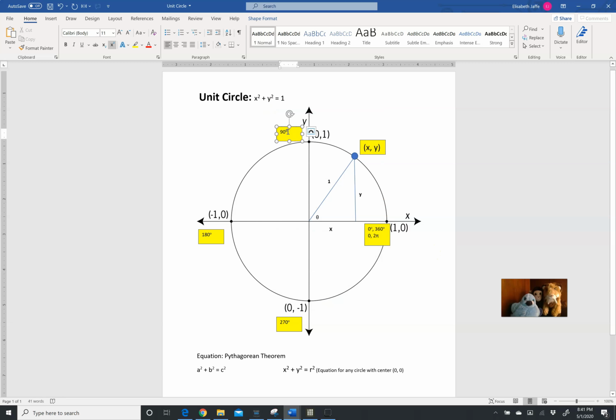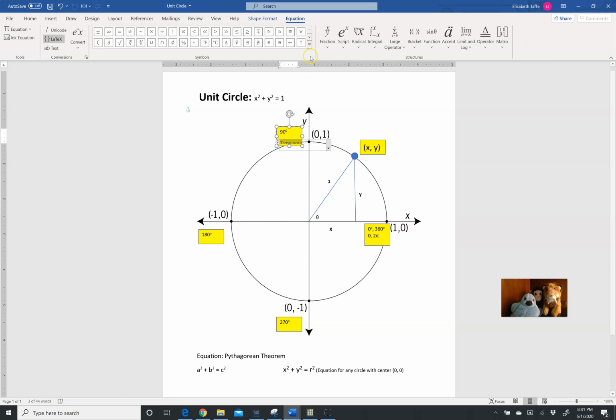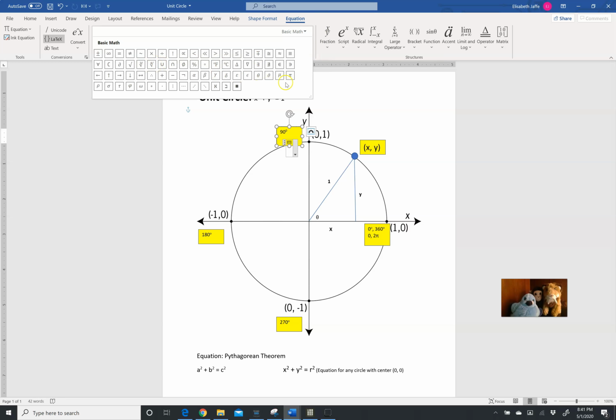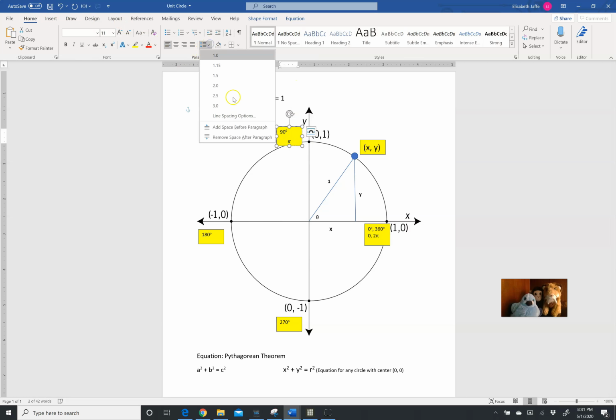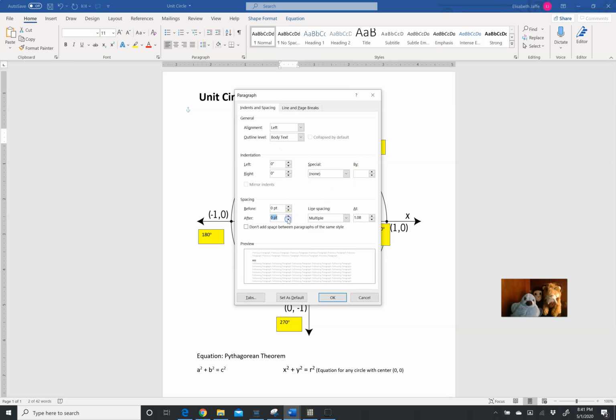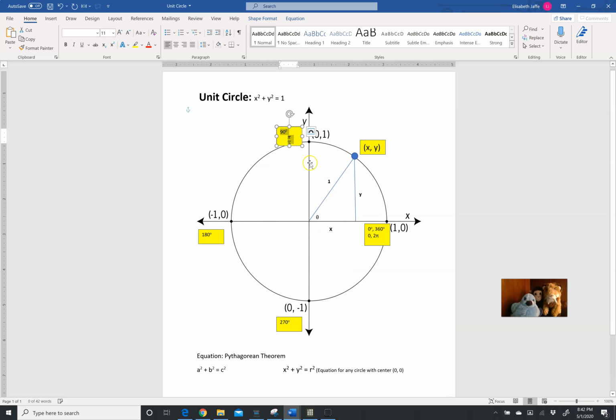Now when we get to 90 degrees, it's the same thing as pi over 2 radians. So 90 degrees is equal to pi over 2.